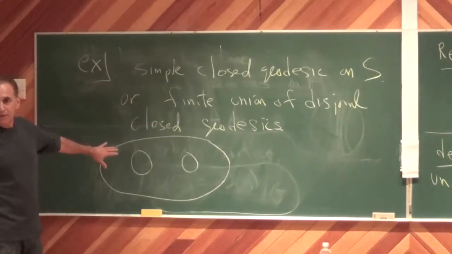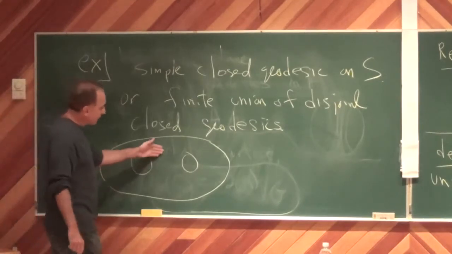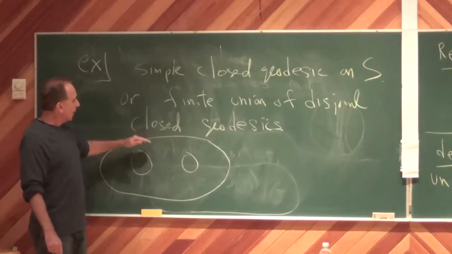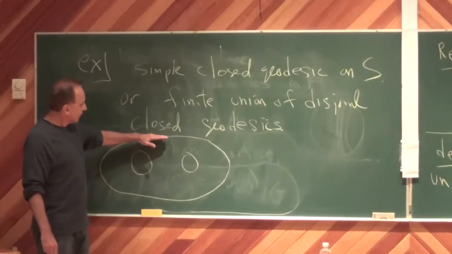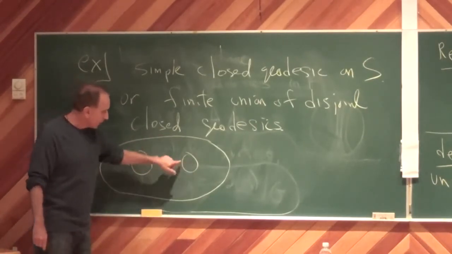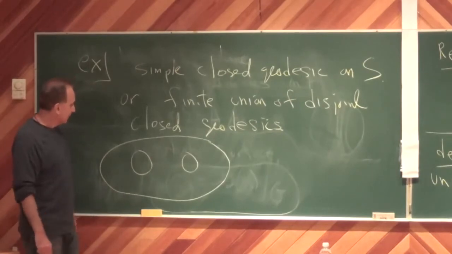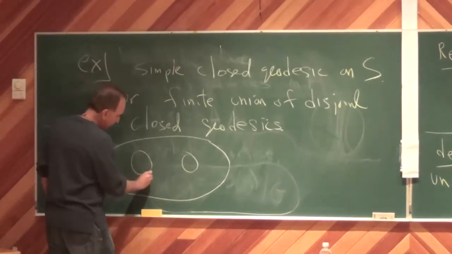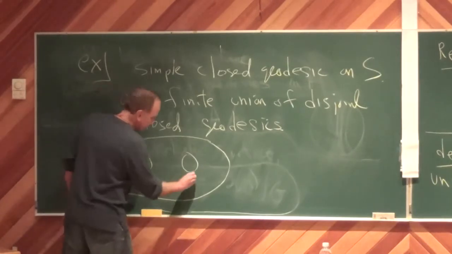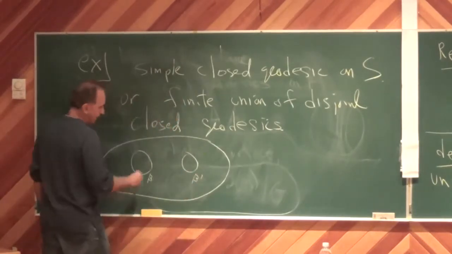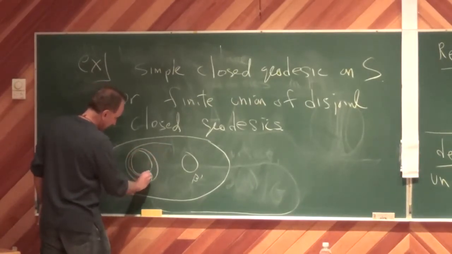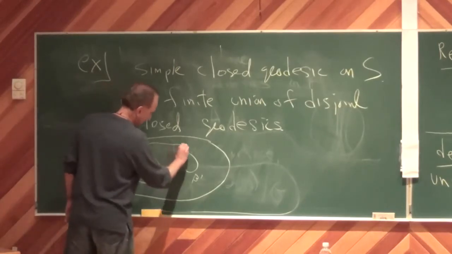This is a pair of pants. Okay? So a pair of pants is a hyperbolic surface with geodesic boundary, and these are the geodesic boundary curves for this pair of pants. And I want to look at this curve. It's a simple closed geodesic. This curve, and this one, which spirals into this and spirals into this.